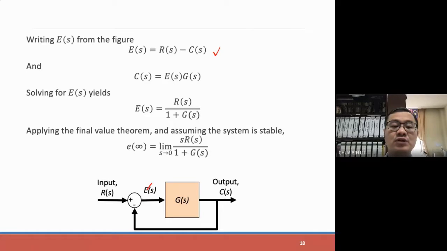Substitute them into it, then we have this form of transfer function to describe the error. Then applying the final value theorem to obtain the steady state error, we would have sR(s) divided by 1 plus G(s). This form is applicable when the transfer function diagram looks like this.